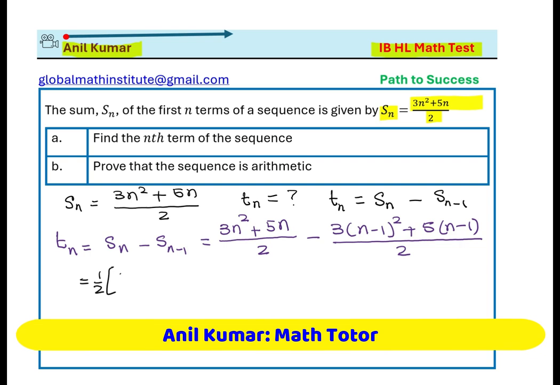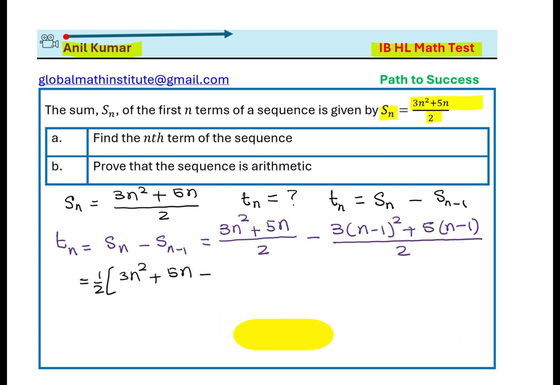You're left with 3n squared plus 5n minus, and let me put another set of brackets here. So we have 3 times n squared minus 2n plus 1, and then we have plus 5n minus 5, right?